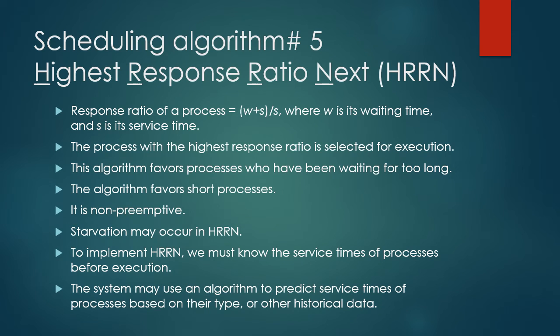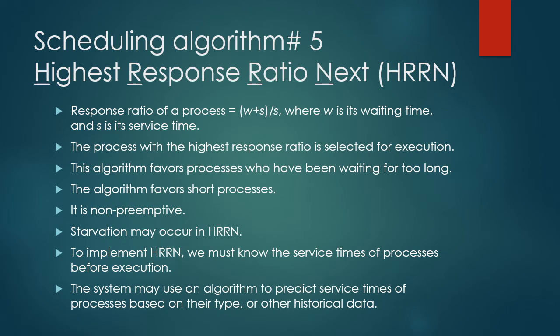The fifth scheduling algorithm is highest response ratio next, or HRRN. Response ratio of a process is (W plus S) divided by S, where W is its waiting time and S is its service time.